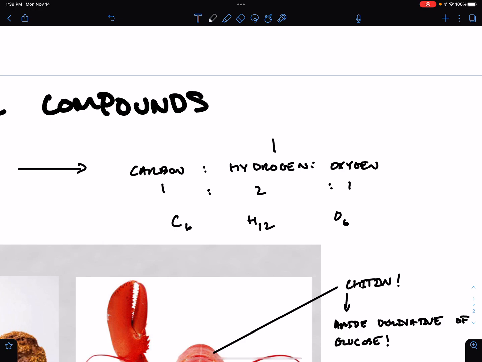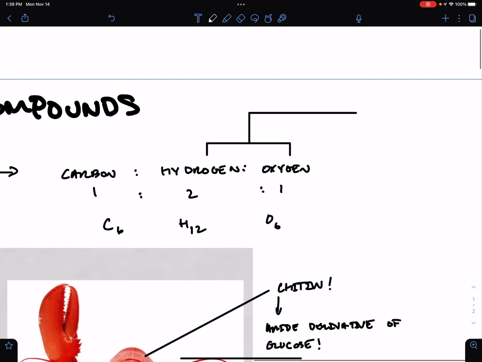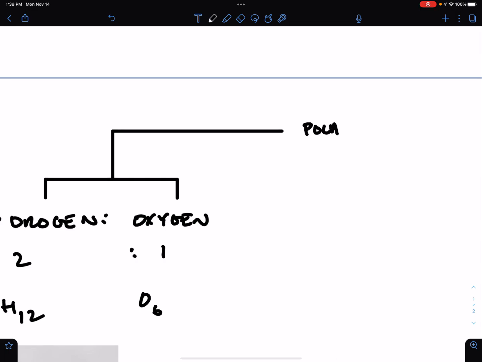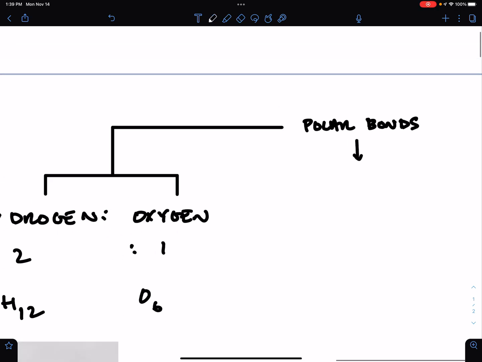These hydrogen-oxygen bonds that form within carbohydrates are polar bonds. So as a result, this is not always true, but often carbohydrates are hydrophilic.